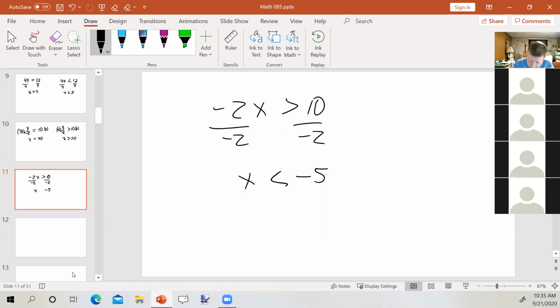That's the big thing you've got to remember that's different about inequalities from solving equations: if you multiply or divide both sides of an inequality by a negative number, change the direction of the inequality sign.